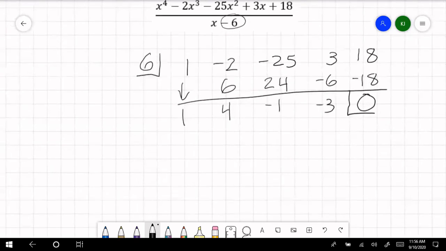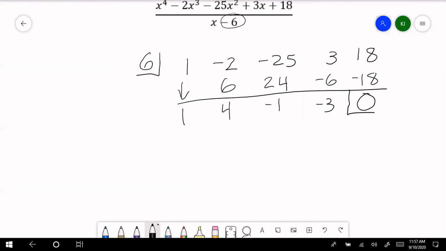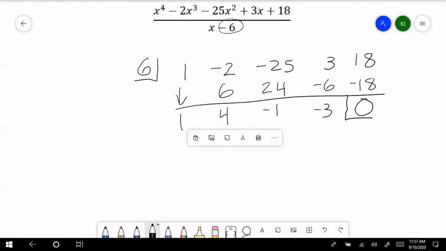You're at 0 for your remainder. It's 1 less, so that was x to the 4th. So we're going to have 1x to the 3rd plus 4x squared minus 1x minus 3. No remainder.